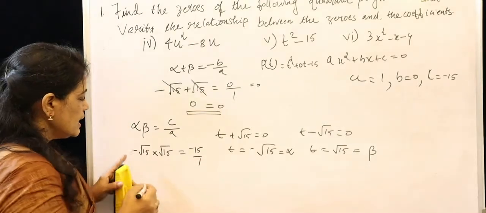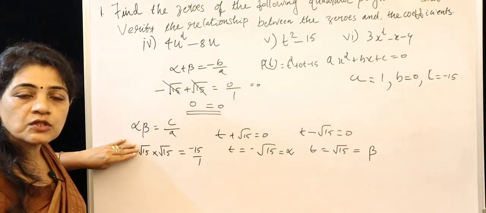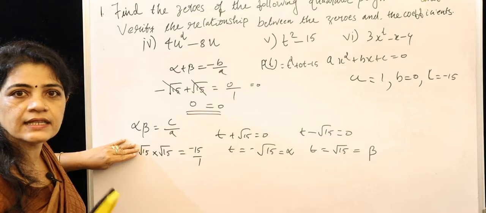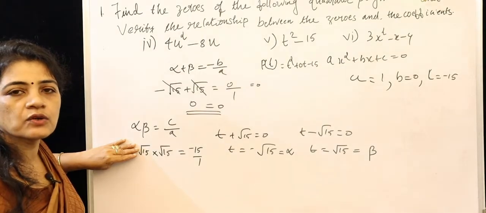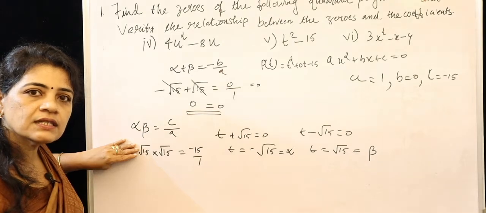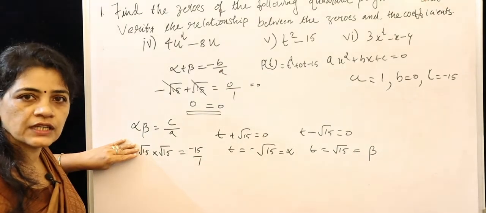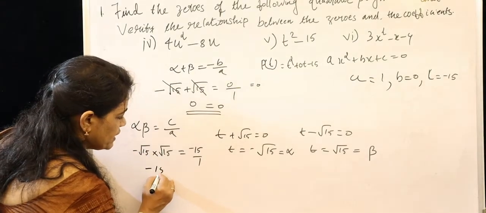Let us see. If you just keep this negative sign aside, what is root 15 into root 15? Root x into root x is x itself. Here x can be any number. So root x into root x is simply x. So root 15 into root 15 is 15, and with this negative sign, it is negative 15.